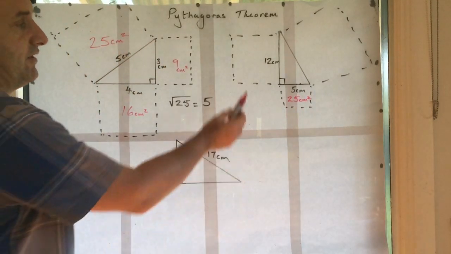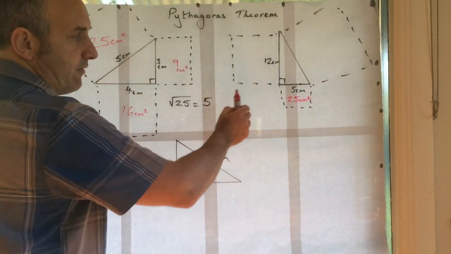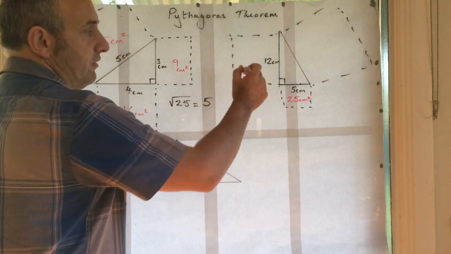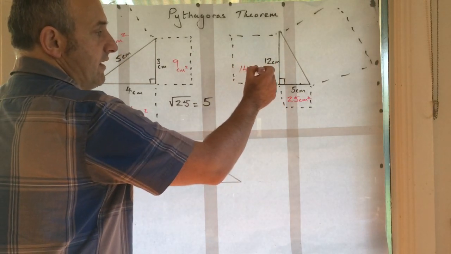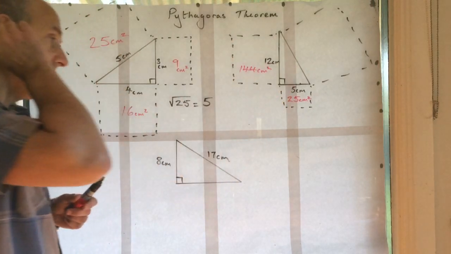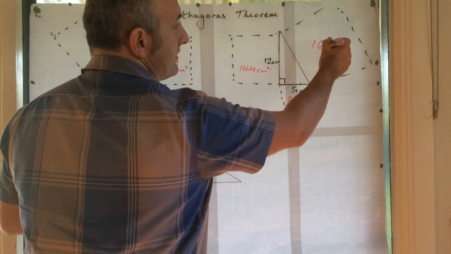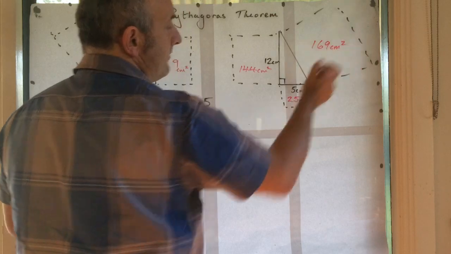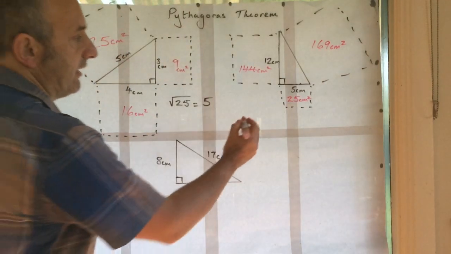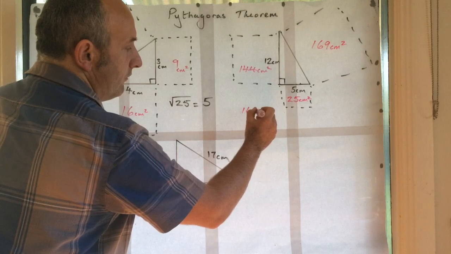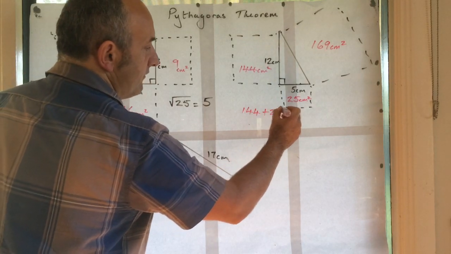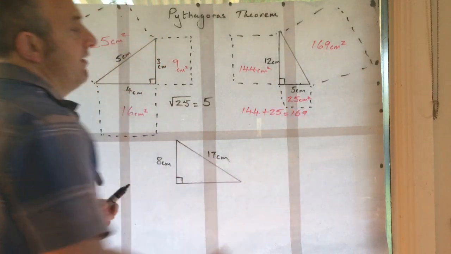And what's the area of this square? 12 times 12, 144 centimetres squared. Add the two together, we get 169 centimetres squared. So I'm just going to write that down actually. 144 plus 25 is 169.